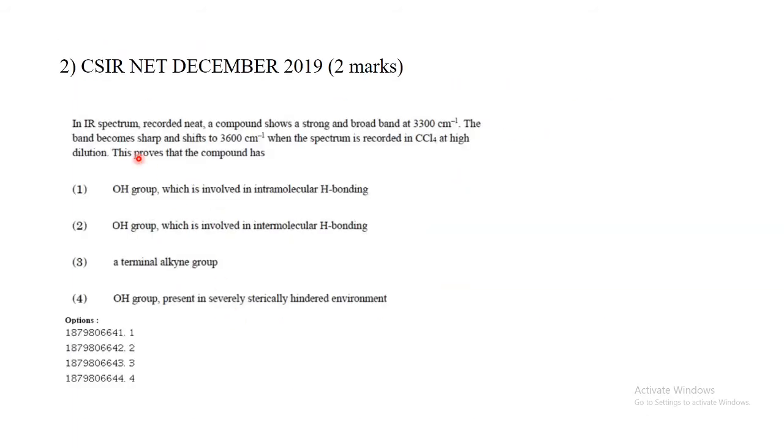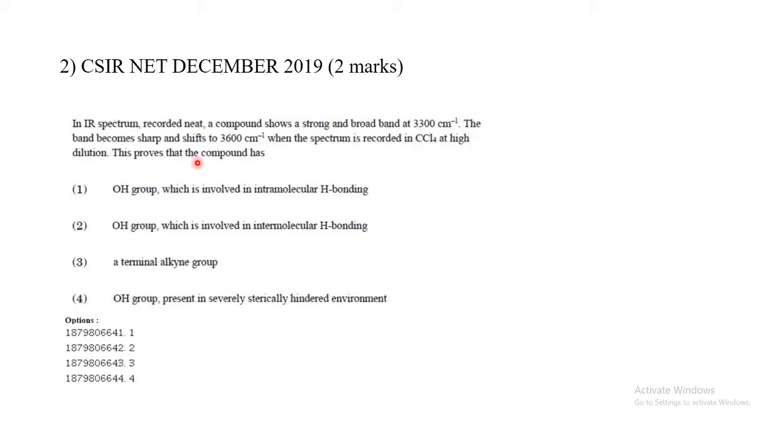The next question. So this is a question related to spectroscopy, that is infrared spectroscopy. So in the question it is given that in the IR spectrum recorded neat, a compound shows a strong and broad band at 3300 cm inverse. Now the band becomes sharp and shifts to 3600 cm inverse when the spectrum is recorded in carbon tetrachloride at high dilution.